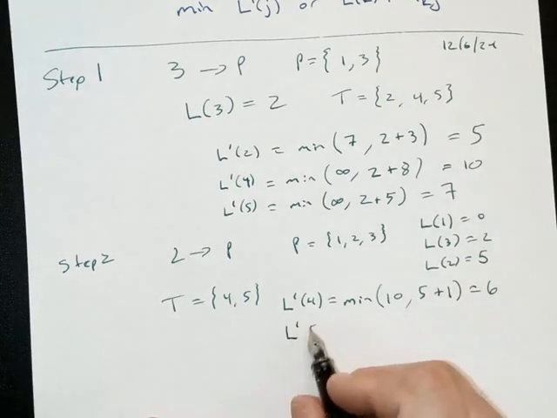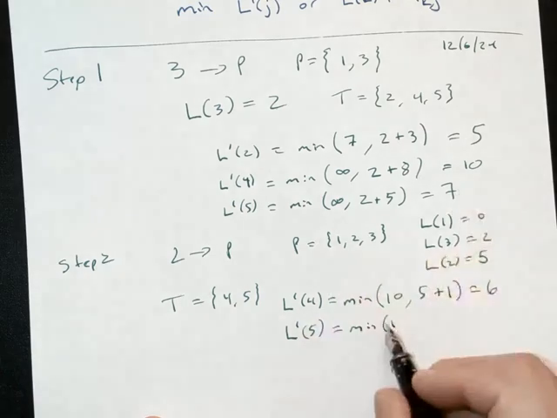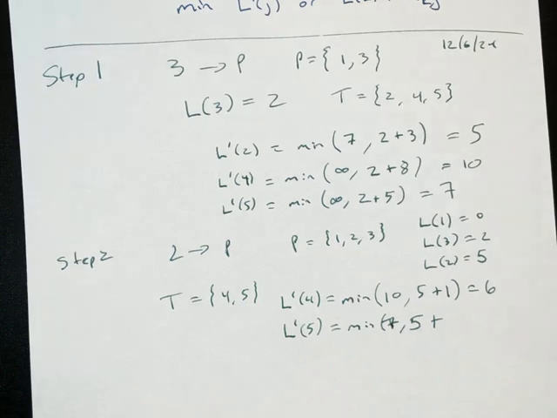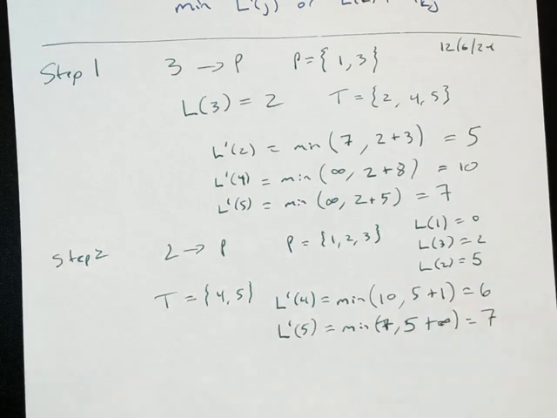The temporary label on 5 is the minimum of the current label on 5, or the label we just made permanent plus the cost to go from 2 to 5. What's it cost to go from 2 to 5? Because you can't get there from here. Well, then the smaller one is 7. I have now successfully assigned new labels to all of my vertices. I made another one permanent, but I still have temps. Keep going.